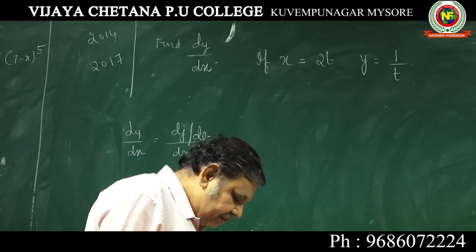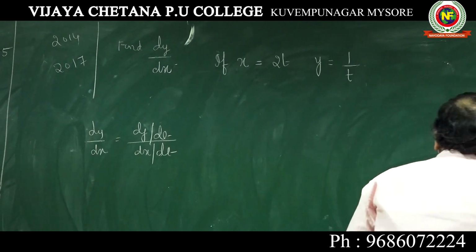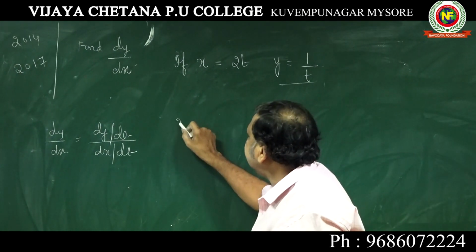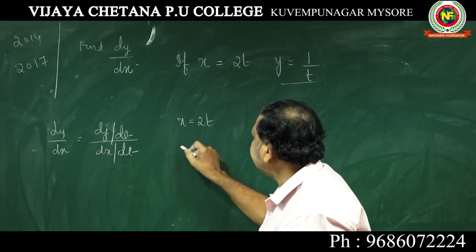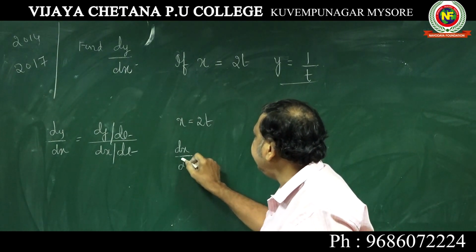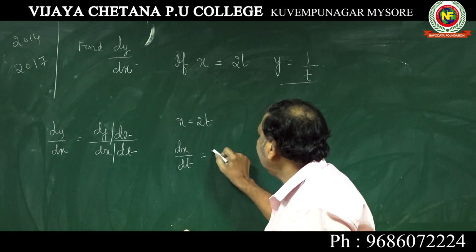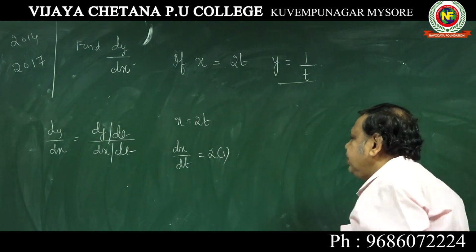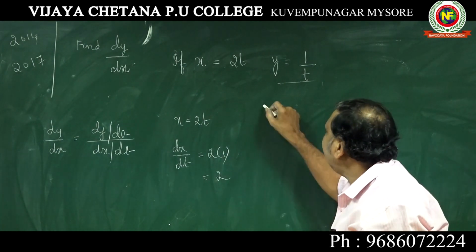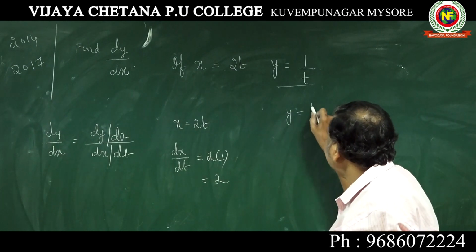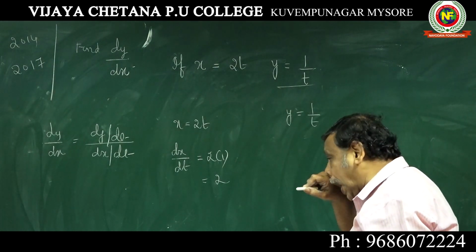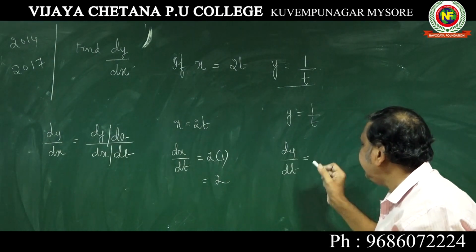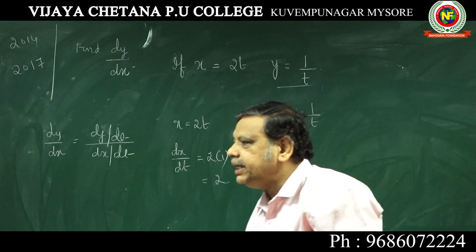Now you take x equal to 2t, differentiate with respect to t, dx by dt: 2 into 1. Differential coefficient of t is 1, so 2t it is actually 2. Now you take y is equal to 1 by t. So when you differentiate dy by dt, what is the differentiation of 1 by x?